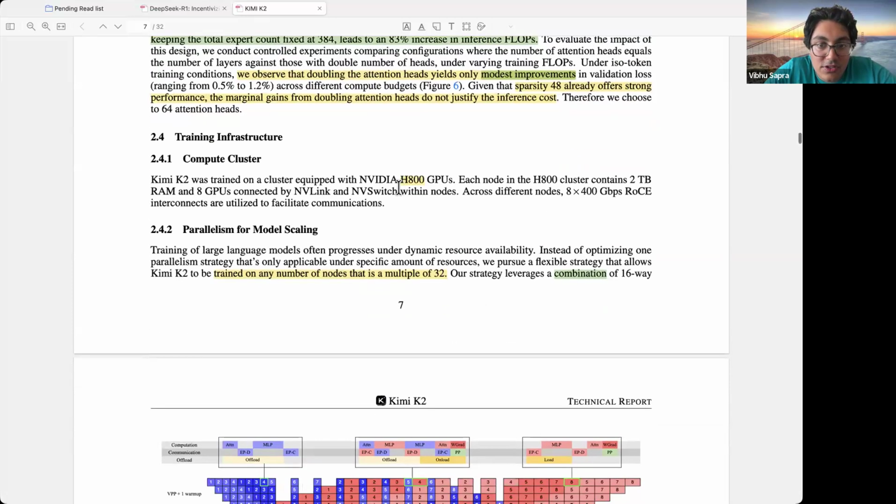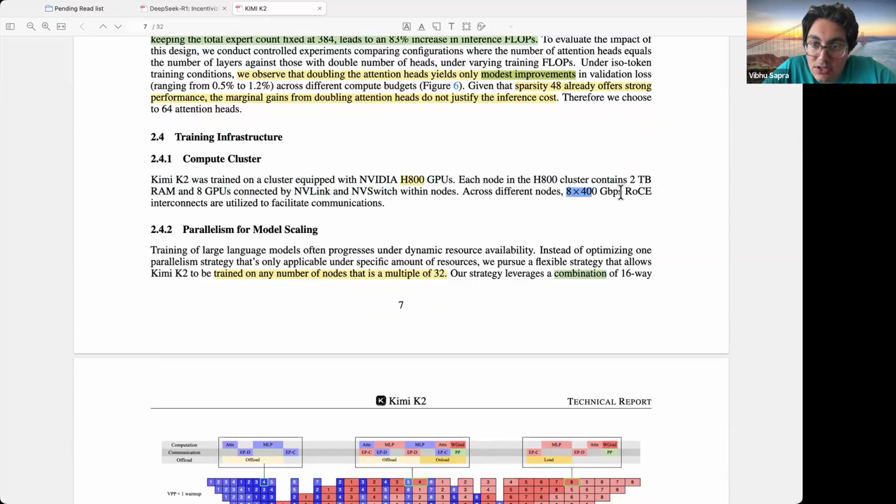Okay, training infrastructure. This was cool if you care about trade restrictions. NVIDIA didn't allow H100, H200 exports, but China had the custom H800 GPU. This is their training node. Each node in the H800 cluster contains 2 terabytes of RAM and 8 GPUs connected with NVLink and NVSwitches within nodes.